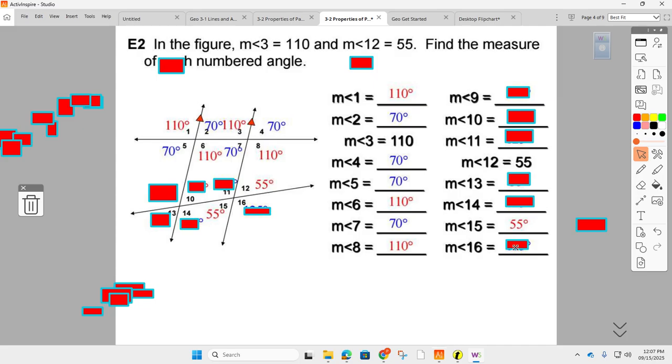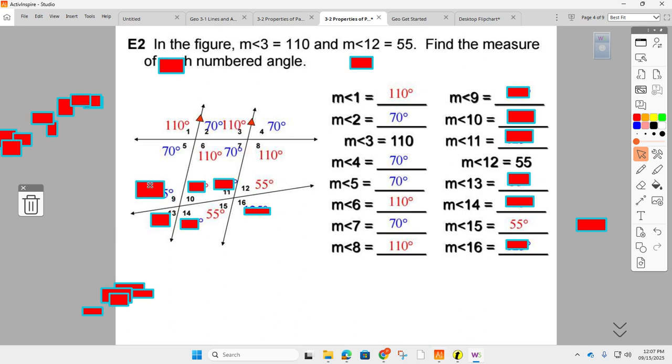Which angle is an alternate exterior angle to angle 12? Amaria? Which angle is an alternate exterior angle with number 12? They both have to be exterior. Alternate means what do you think? 5?